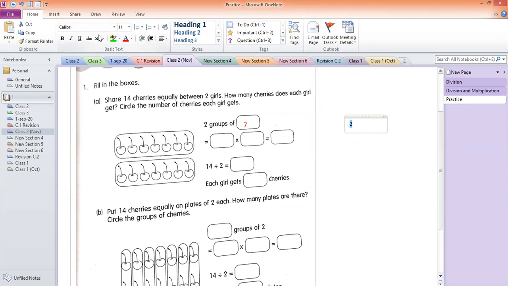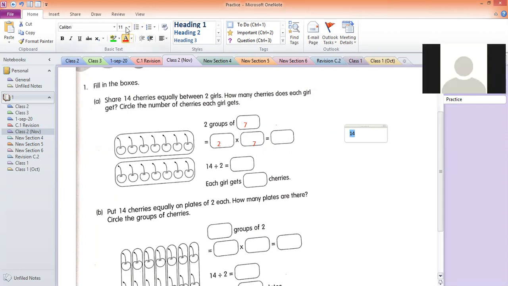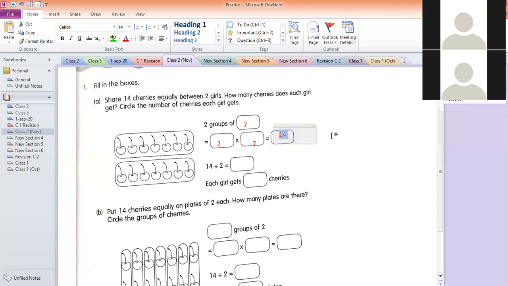2 groups of cherries mean how many total cherries? 14 total cherries. Look here. This is 2, multiplied by 7 cherries, equals 14.